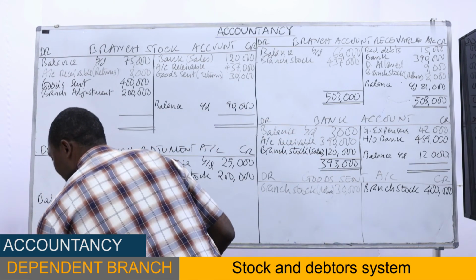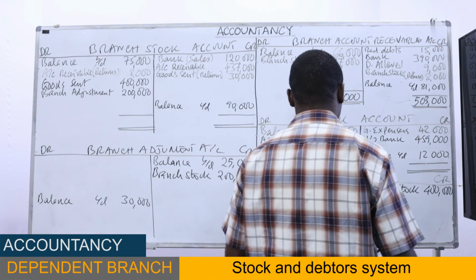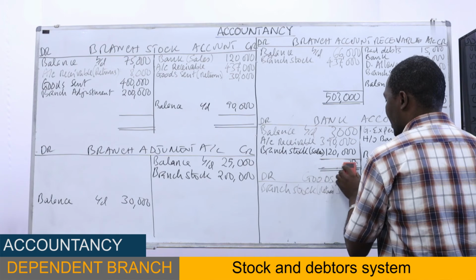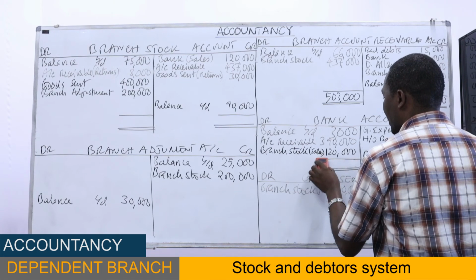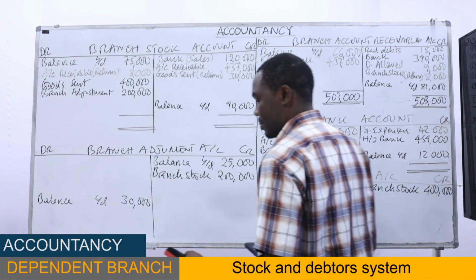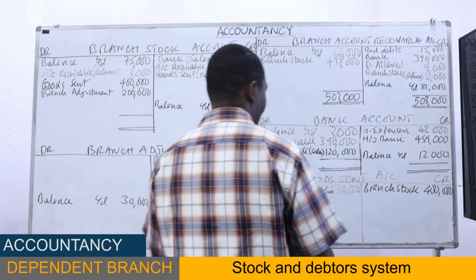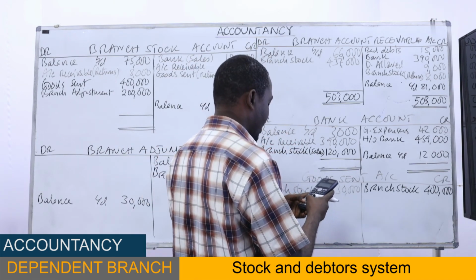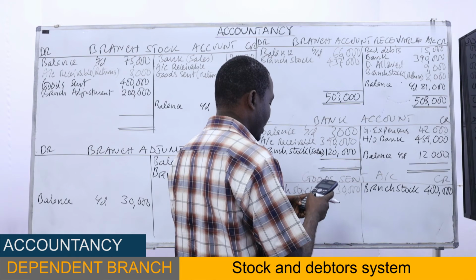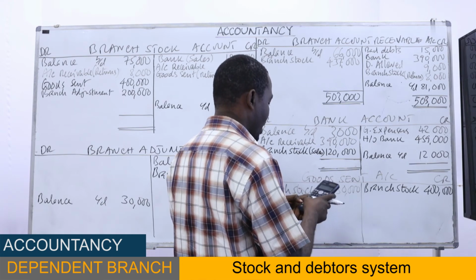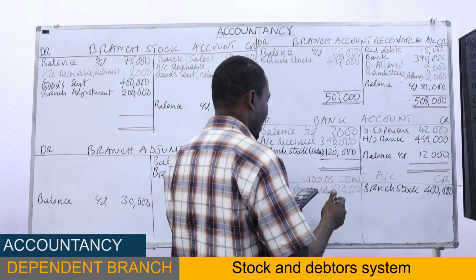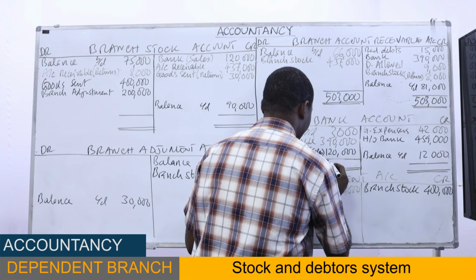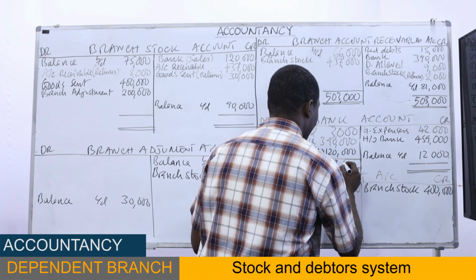Okay, we compute the difference. We compute now to get the total. The 3,000 plus 390,000 plus 120. We get the total of 513.